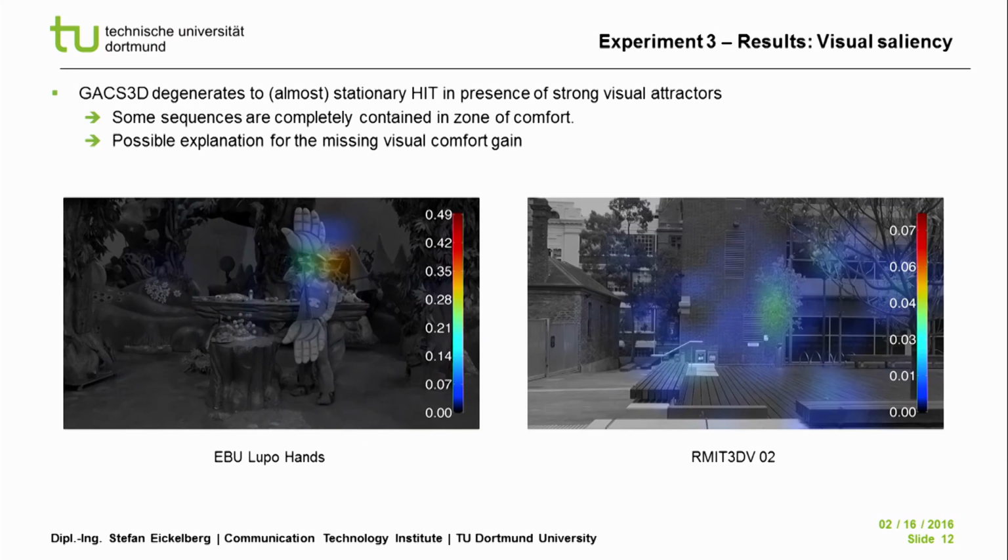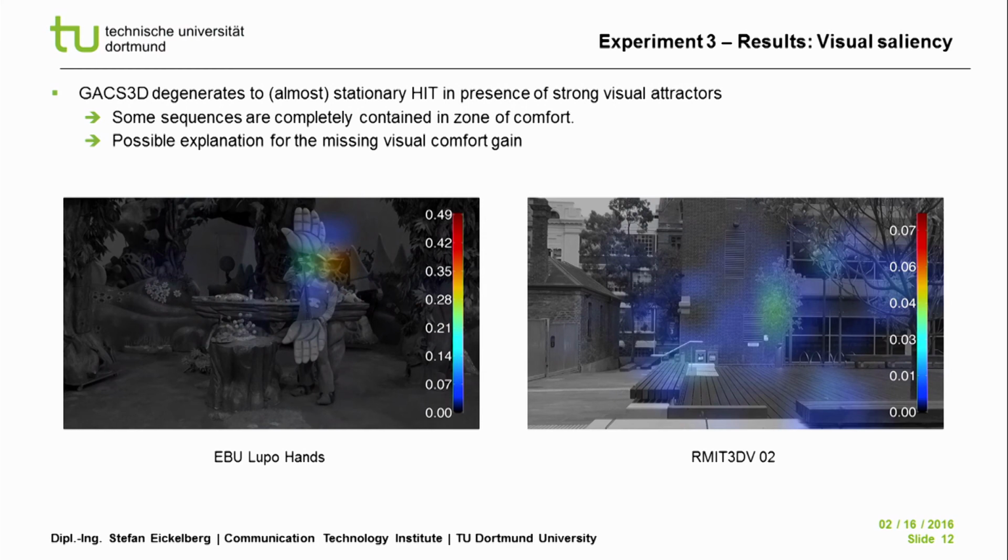We also had to look at visual attention since we had the eye tracker running anyway. So here we have two example frames displayed, and we observed that Ghek's 3D actually degenerates to an almost stationary horizontal image translation in presence of strong visual attractors, as we can see here.